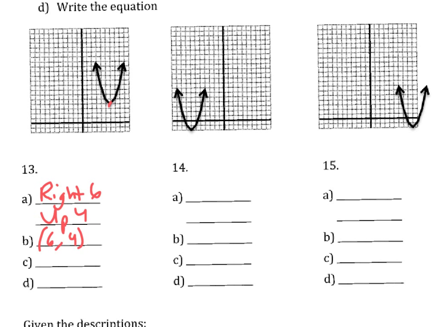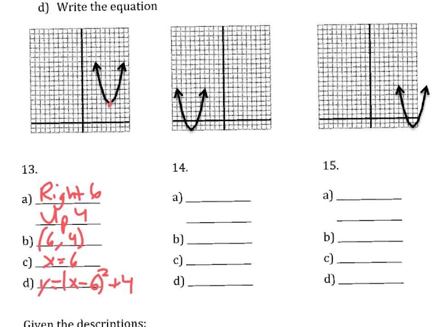Axis of symmetry would be 6. And to write the equation, it's just going to be the exact same as the numbers we found here. In the parentheses, you have x minus 6, because it's the opposite sign of the x value, squared, and then plus 4 on the outside.